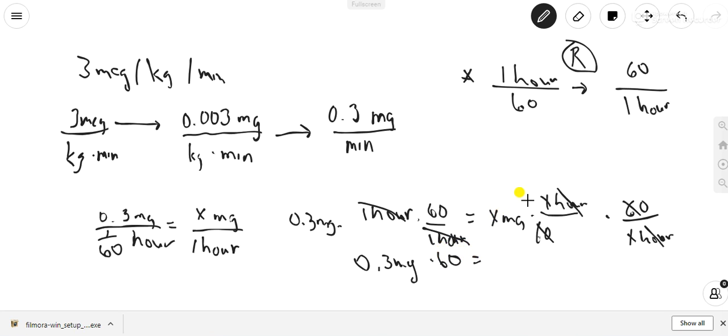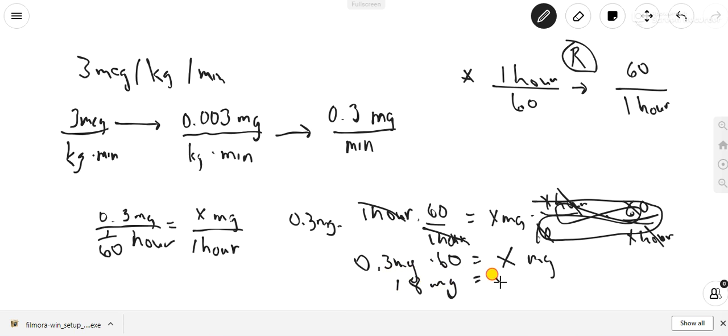And it gives us X, because all this is gone. So it just gives us X milligrams. And we have the right unit on the left side, milligrams. So 0.3 times 60 is 18 milligrams equals X.